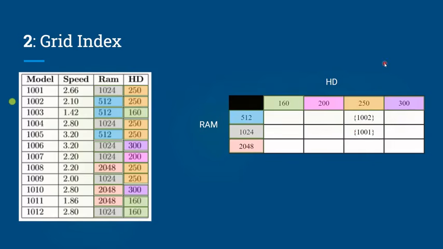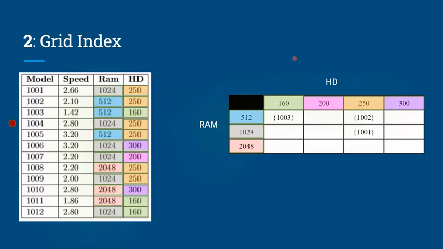So that would be the place to refer to this row with the model 1002. Next, 1003. We've got RAM 512 and HD equal to 160. So we go to the row in the grid index table, 512, and to the column with 160. We insert 1003 as a reference.